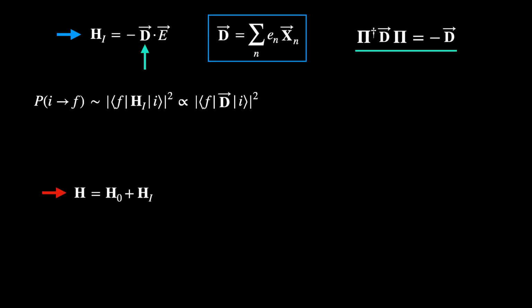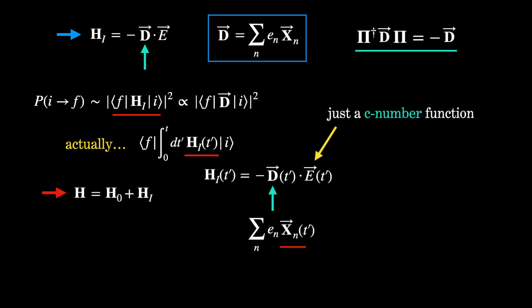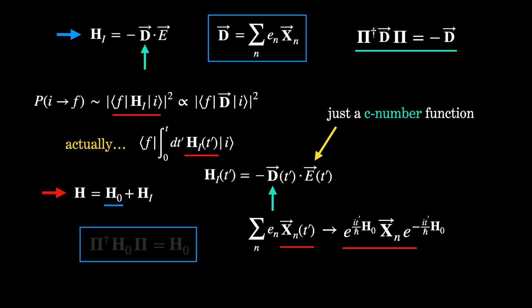The actual expression for this transition amplitude is slightly more complicated, involving a time integral from the initial time 0 to the final time t. And the Hamiltonian that is responsible for the time evolution of all the operators under the integral is actually H0, which is assumed to be parity invariant.